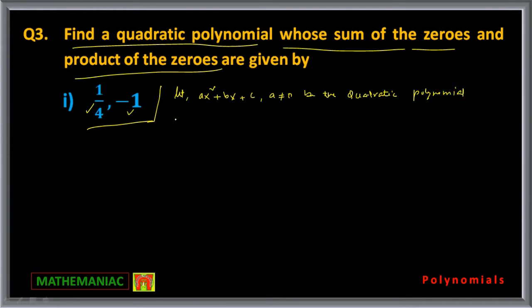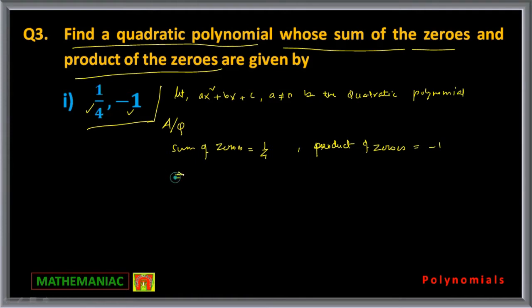According to the question, the sum of zeros is equal to 1 by 4 and the product of zeros is equal to minus 1, right?